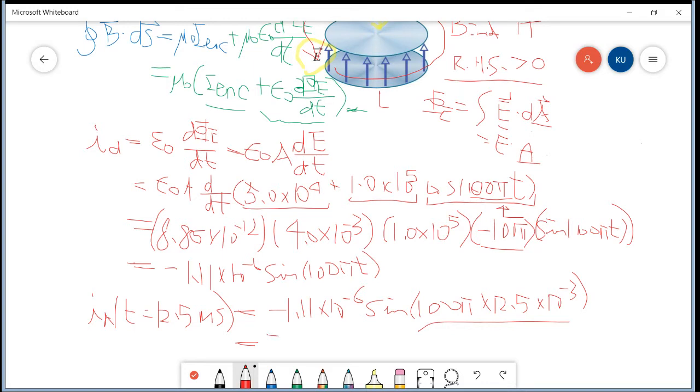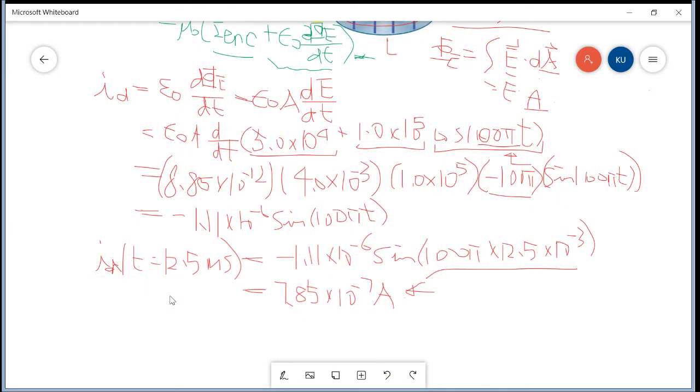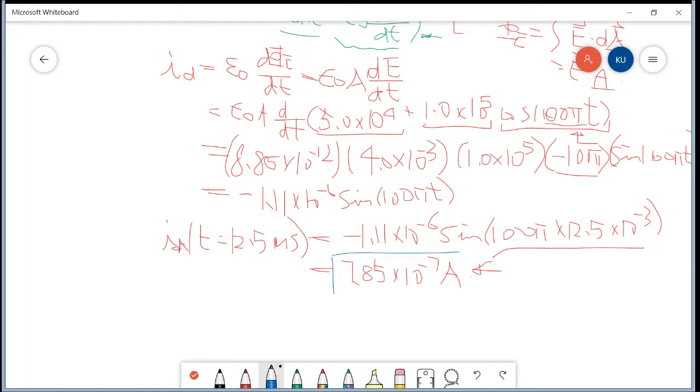The answer would be 7.85 times 10 to minus 7 A. This is the displacement current. Although it's not a normal current, at least the SI unit should be ampere. So we know that I D is a positive value. This is for part A.